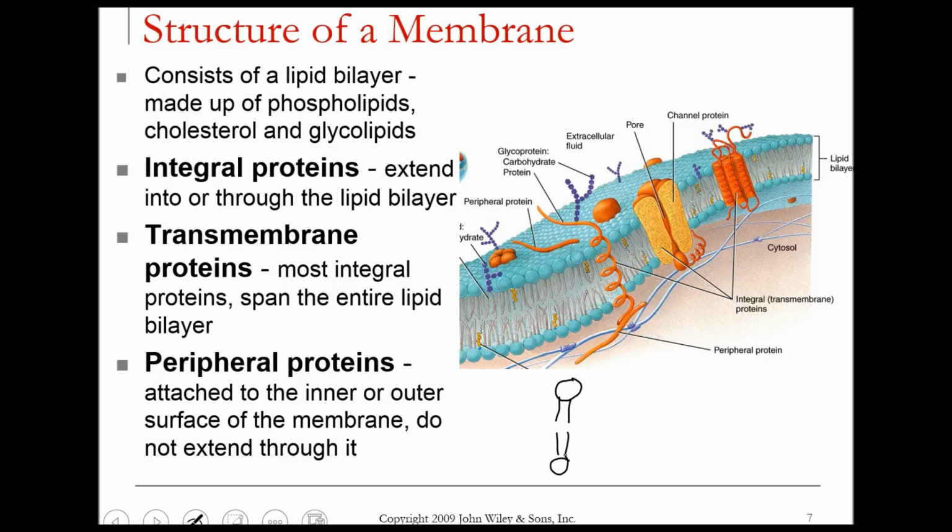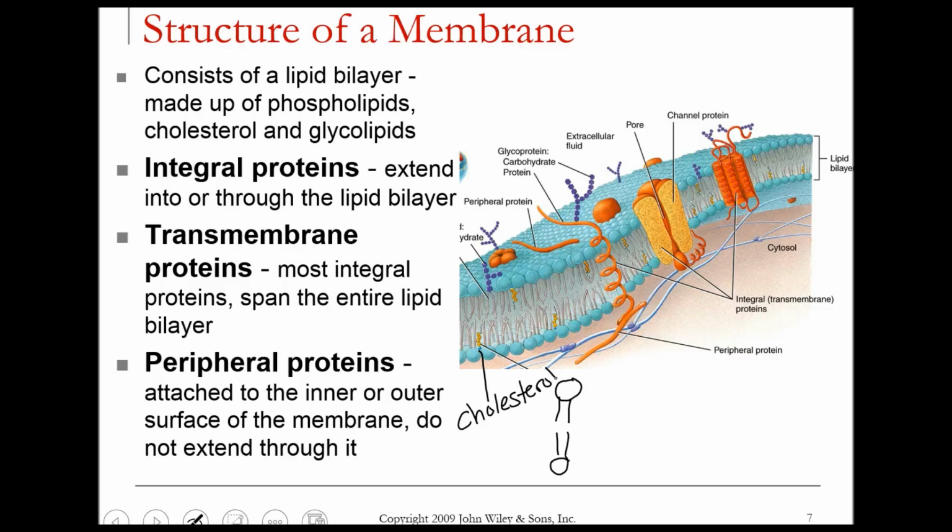Also, within this lipid bilayer, we have the cholesterol molecules. So I'm going to point to an individual cholesterol molecule right there. Cholesterol. You can see that it's found in between some of the fatty acid tails of the phospholipid bilayer, and it helps to secure the phospholipids together.